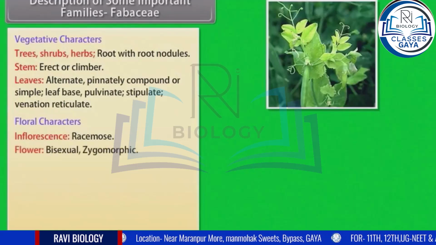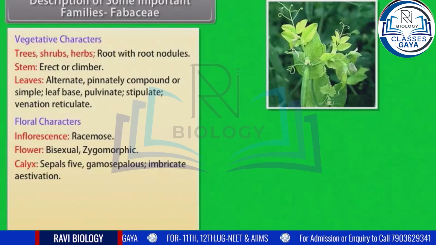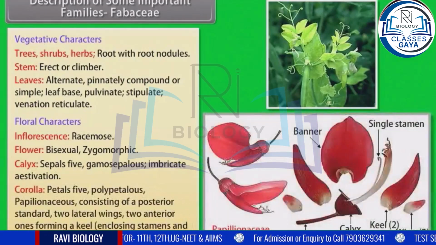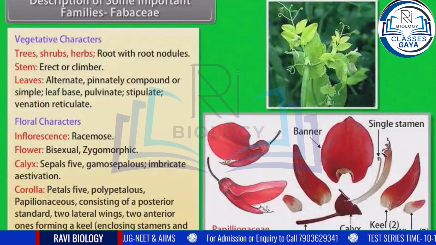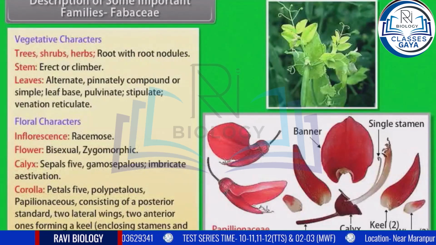Flower bisexual, zygomorphic. Calyx, sepals 5, gamosepalous, imbricate aestivation. Corolla, petals 5, polypetalous, papilionaceous, consisting of a posterior standard, 2 lateral wings, 2 anterior ones forming a keel, enclosing stamens and pistil, vexillary aestivation.